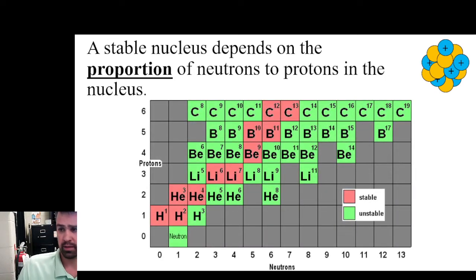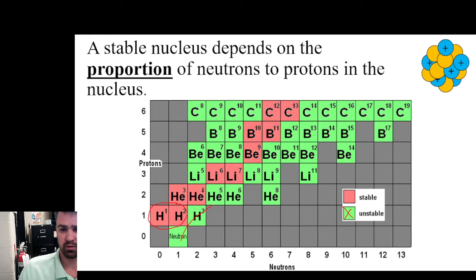And so we get these charts here. What you see is that the green is going to be stable and the red is going to be unstable. So this hydrogen right here, hydrogen 3, is the most stable form of hydrogen. Hydrogen 1 and hydrogen 2 exist, but they are extremely unstable.